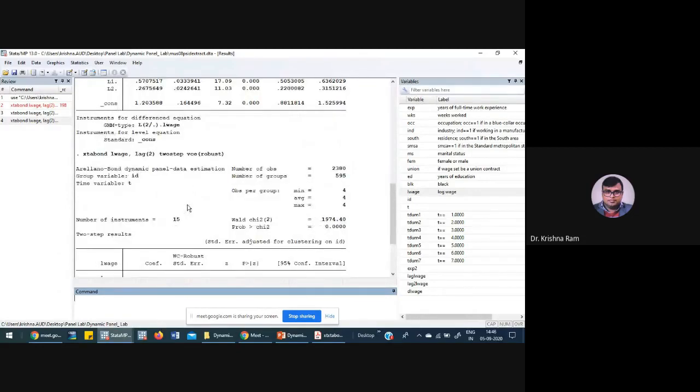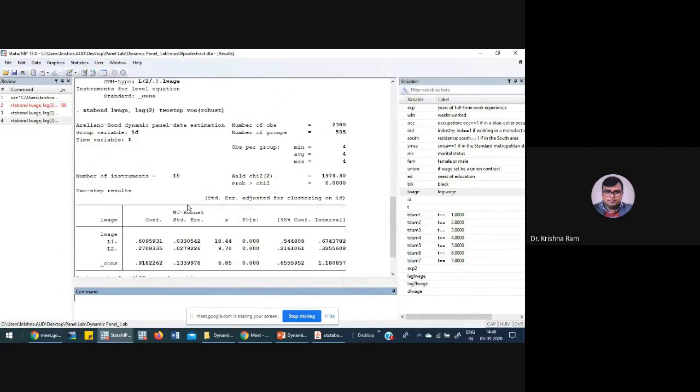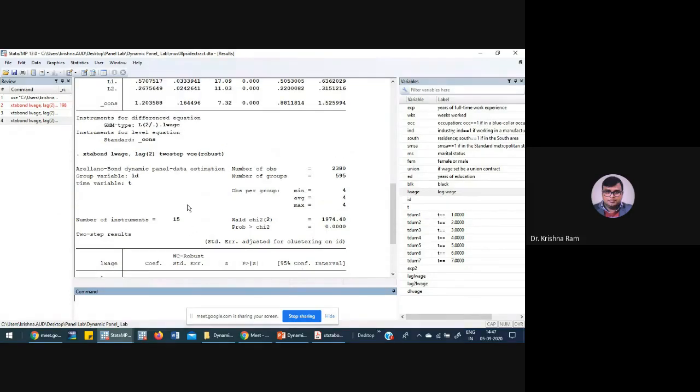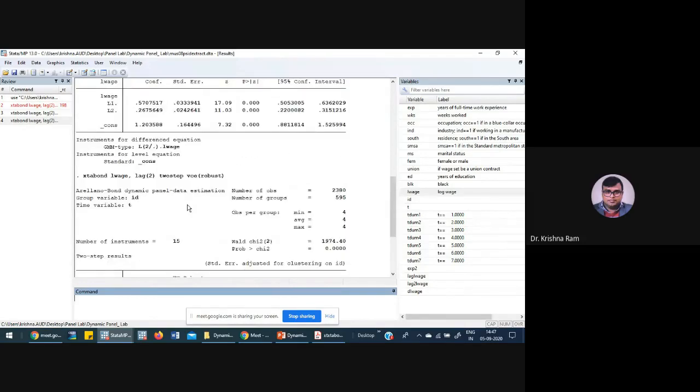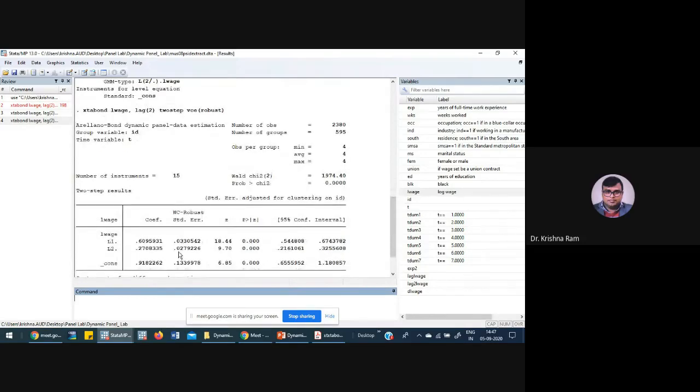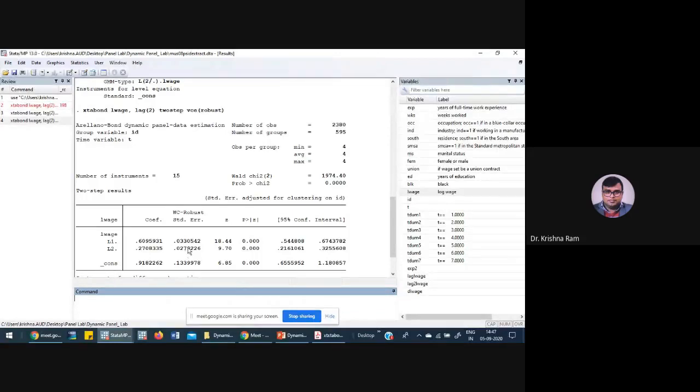For the first lag it is almost the same, slightly lower, and for the second lag period it is a bit higher. Earlier it was 0.024, now we are having 0.027. But we can say that it is almost the same, or there is a slight increment in standard error in the case of the two-step Arellano-Bond estimator.